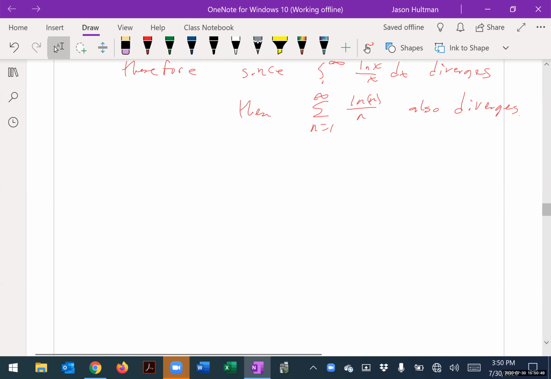The remainder estimate. What is going on here? Oh, that's wrong. Yep. Again. Plug it in so my battery does not die.